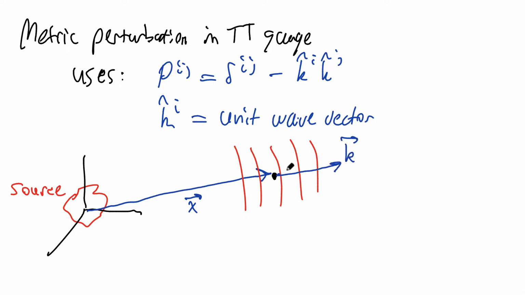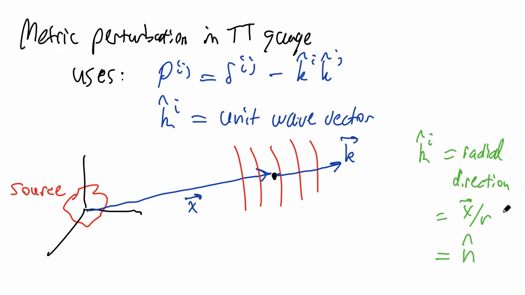So you can see that because the field point is far away from the source, the unit wave vector is in the radial direction. In other words, it's equal to x vector over the magnitude of x vector, which is r. And a common notation for a unit vector in the radial direction is n hat. So with this notation, we'll write the projection operator as P_ij equals delta ij minus n_i n_j.